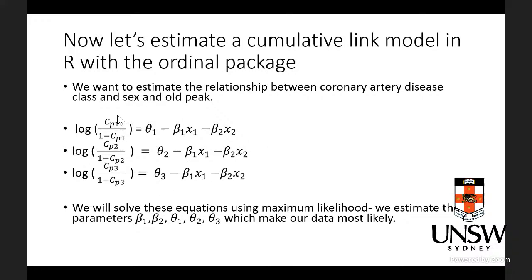These are the 3 equations that it's going to try to estimate, to solve. And we solve these equations using maximum likelihood. We just try to estimate the parameters theta 1, theta 2, and theta 3, and beta 1 and beta 2, which make our data most likely.